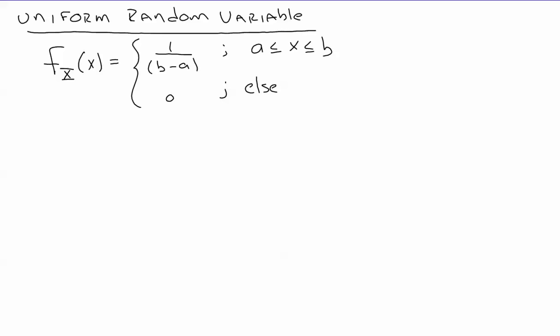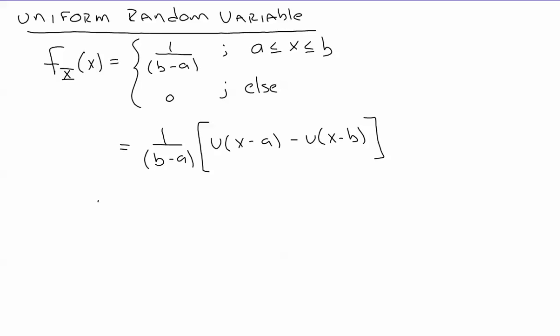Another way of writing the probability density function is using step functions. Okay. And the graph of a uniform random variable will look something like this.